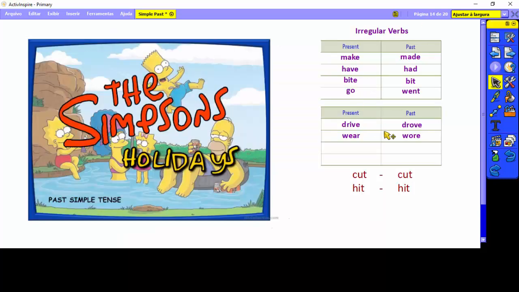Now let's talk about the irregular verbs that we found in the Simpsons story. Make, made. Have, had. Bite, bit. Go, went. Drive, drove. Wear, wore. As you can see, the past form changes a lot.